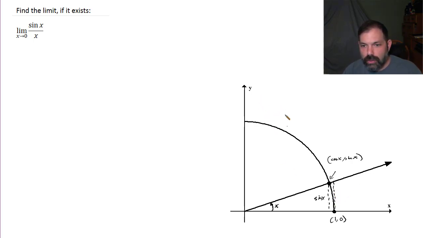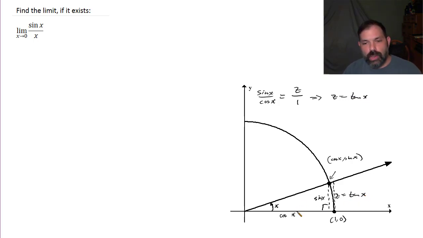We can use similar triangles because I have a right triangle here and a second right triangle involving the side with this unknown. Let's call this unknown z for a moment. I know that this horizontal distance to the first vertical line is cosine x. So the sine of x is to the cosine of x as z, that vertical distance, is to 1, the horizontal distance. And so that implies that z is tangent x.